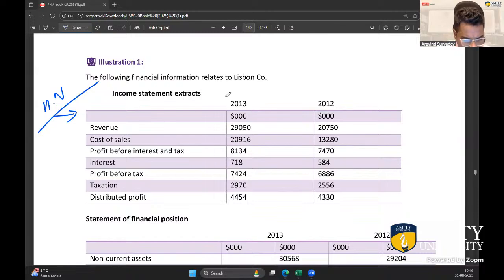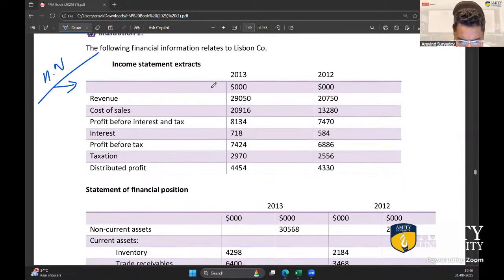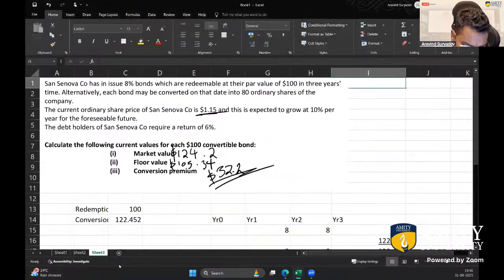So the 2013 and 2012 numbers are given. Let's first look at revenue. I can see that revenue has increased. Let me open up an Excel sheet.